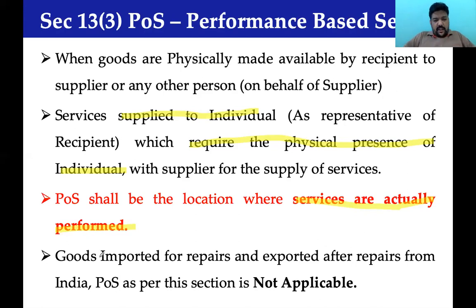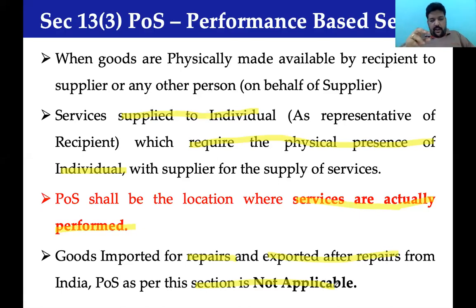When goods are imported for repairs into India and exported after repairs from India, it would be deemed that this section is not applicable. In fact, this is the proviso I was highlighting.